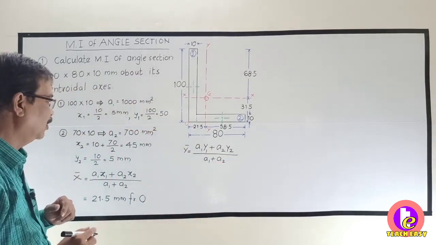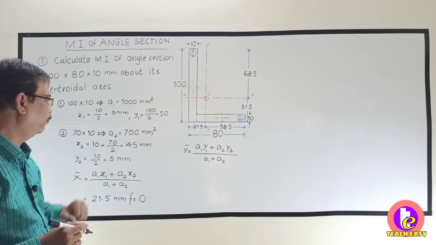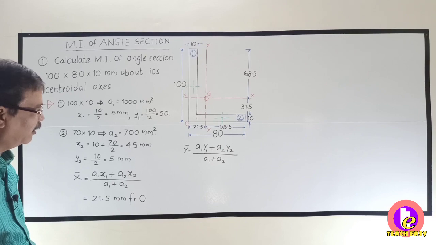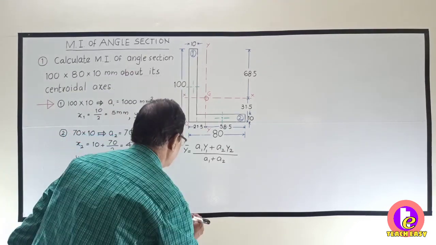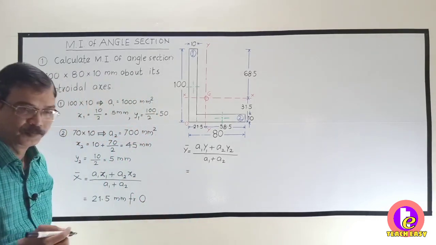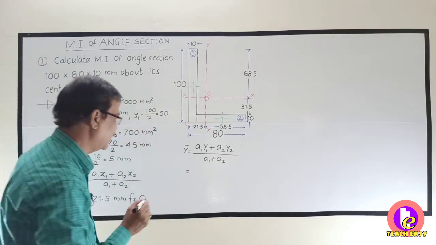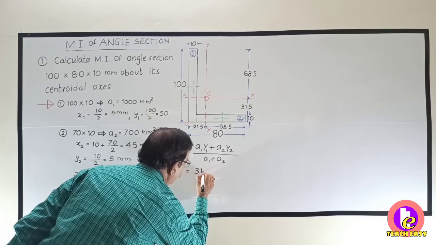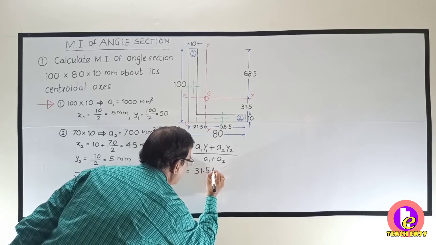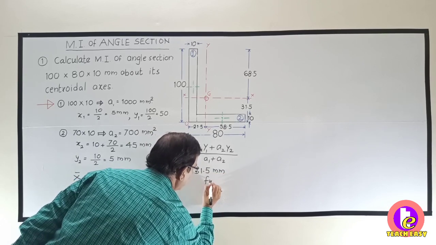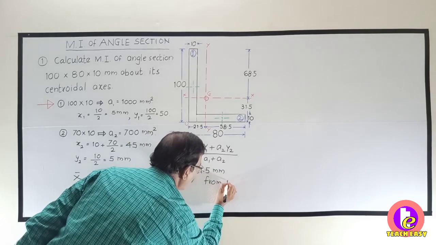A1 is equal to 1000, y1 is equal to 50, A2 is equal to 700, y2 is equal to 5. Substitute all these values and calculate it. You will get this value as 31.5 mm, definitely from O.